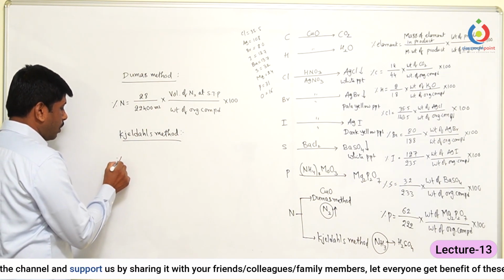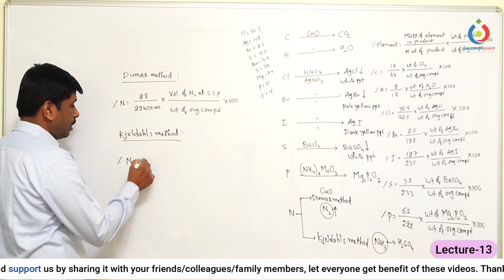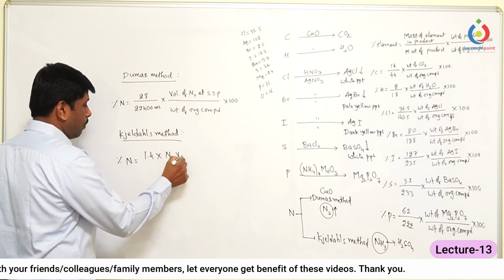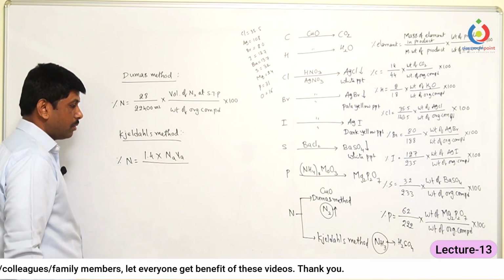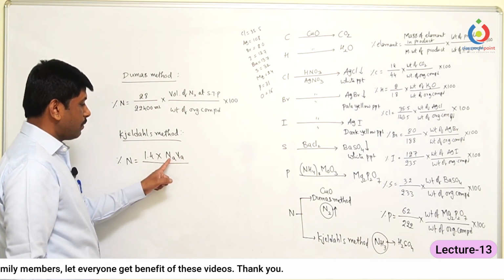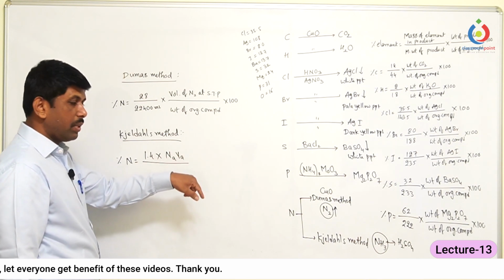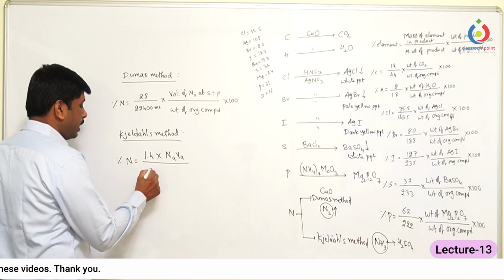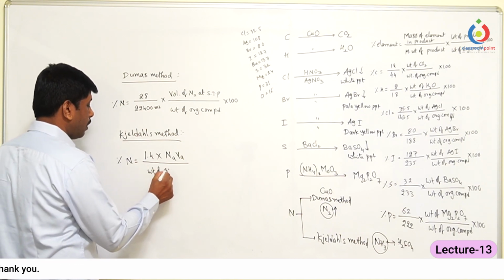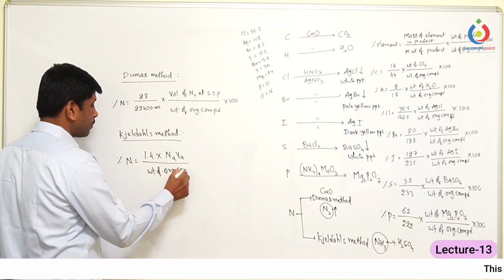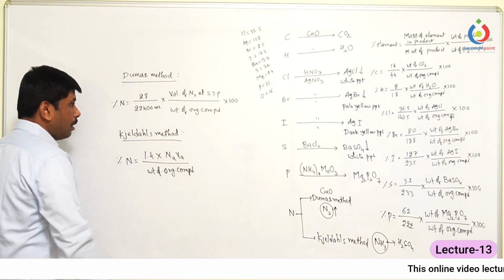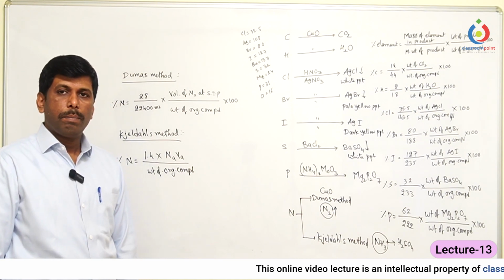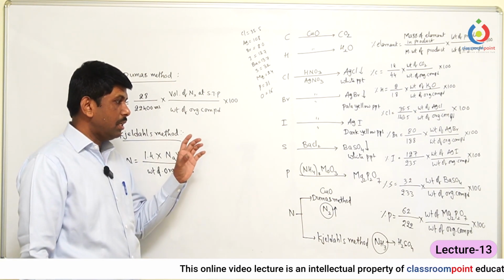That's the reason why the formula is different from the Dumas method: 1.4 into normality and volume of the acid consumed. NaVa stands for the normality of the acid and volume of the acid consumed in the titration against the ammonia, divided by weight of organic compound.